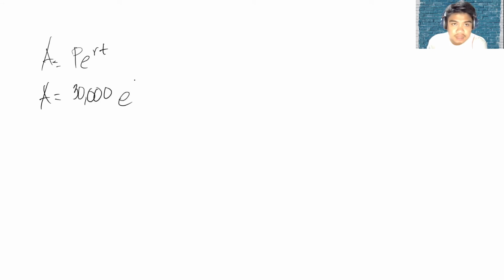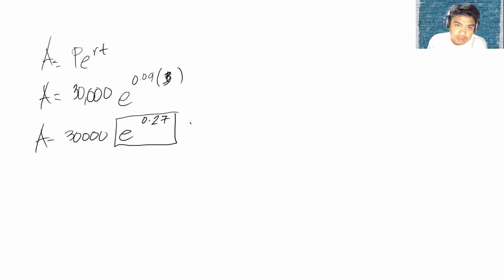We have A is equal to P e to the power of R T. So total amount accrued is equal to principal. Our principal is 30,000, times e to the power of, our rate is 0.09 times 3. So A is equal to 30,000 times e to the power of 0.27. And try to compute this in your calculators.